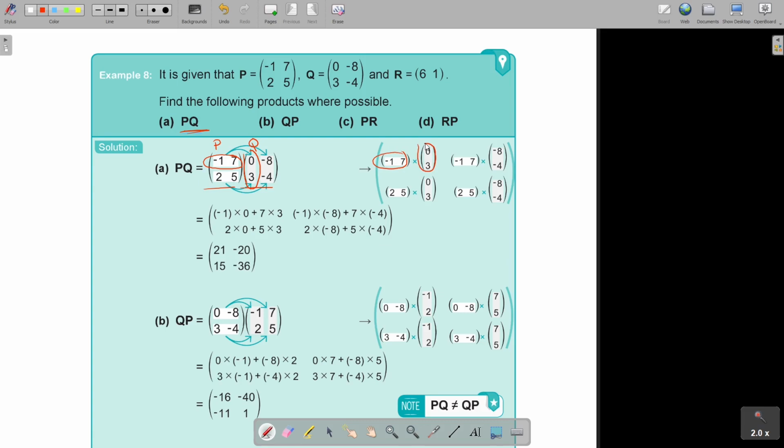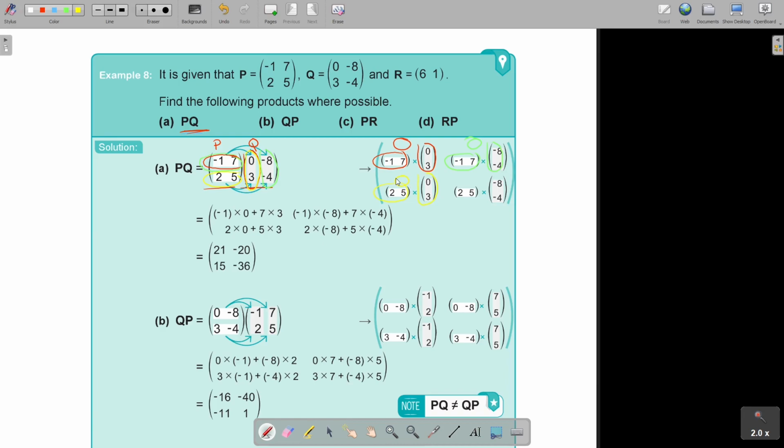Then you will take this row again, and multiply it with that column. There's the row, that column, and you will write it in that position. So there will be an answer, there will be an answer. And then you will take this row and multiply with the first column again. So that row with the first column, and you write the answer there.